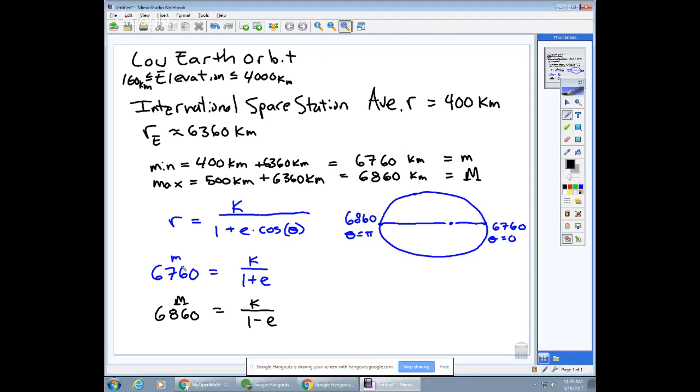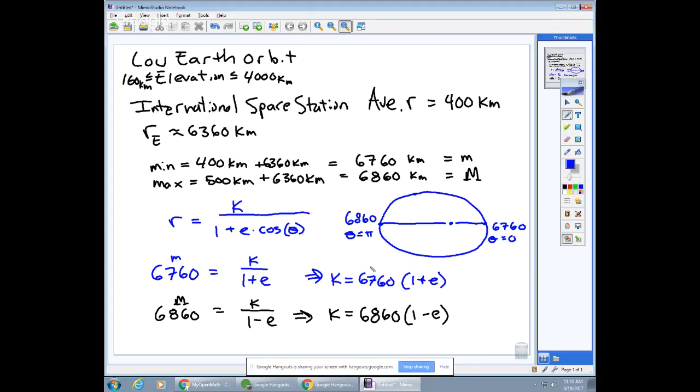So if we solve for k, the bottom one tells us that k is equal to the maximum, the 6,860, times 1 minus e, but the one above tells me that k is also equal to the min, 6,760, times 1 plus e. That's kind of nice.